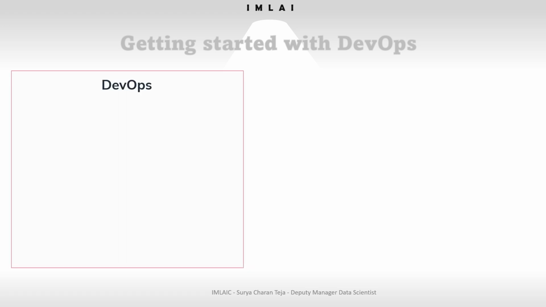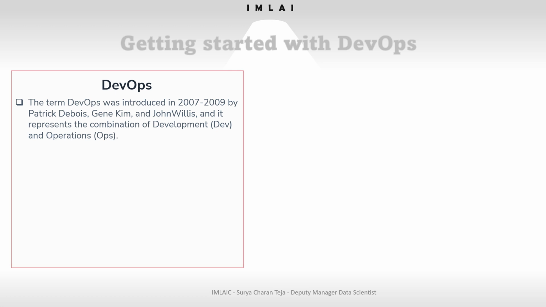So now let's begin with getting started with DevOps. The term DevOps was introduced in 2007 to 2009 by Patrick Debois, Gene Kim, and John Willis, and it represents the combination of development, dev, and operations, ops.